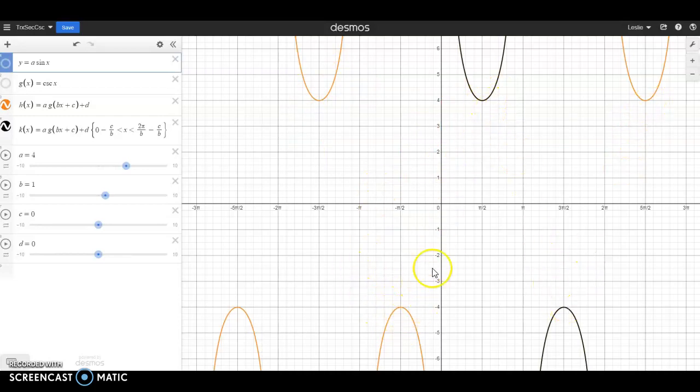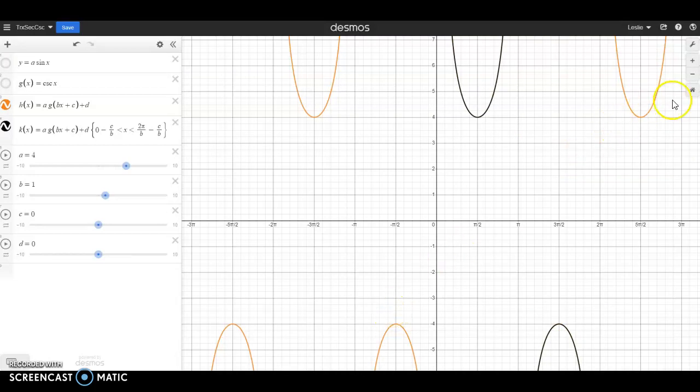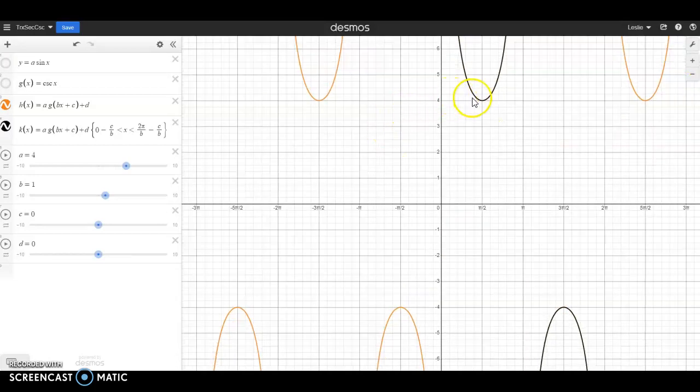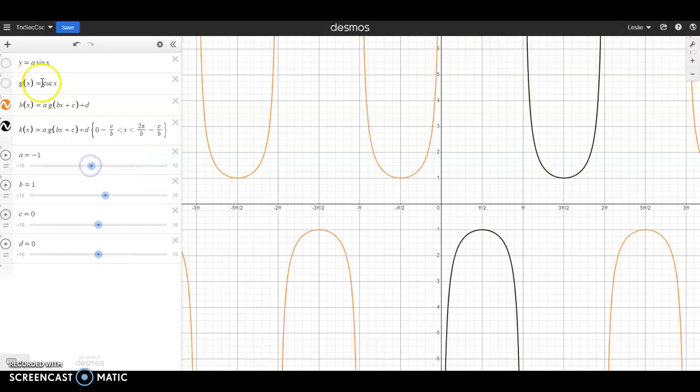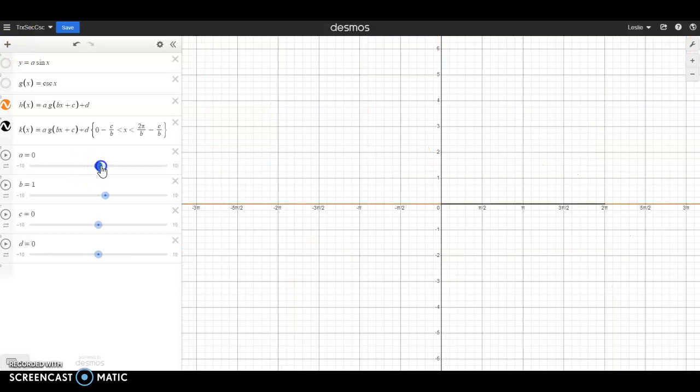The blank is either a sine or a cosine, so this is either a secant or a cosecant, and the amplitude is 4 in this case. It always matches the amplitude of the sine that it came from. Okay, let's put the amplitude back to 1.